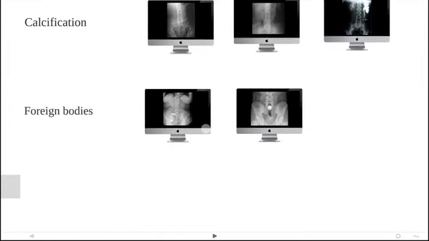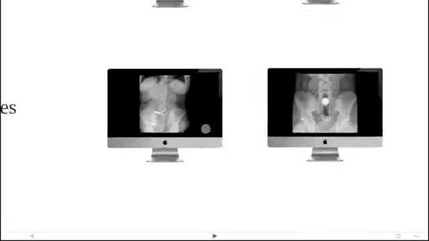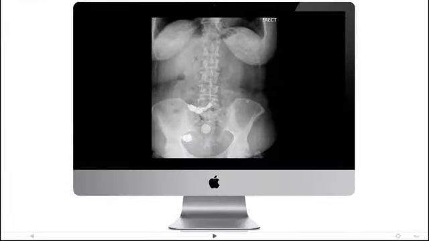Finally, an abdominal film is often used to assess for foreign bodies, particularly in accident and emergency and in paediatrics. This film is a good example as it demonstrates multiple foreign bodies in a patient who has swallowed a number of objects, including several bracelets.